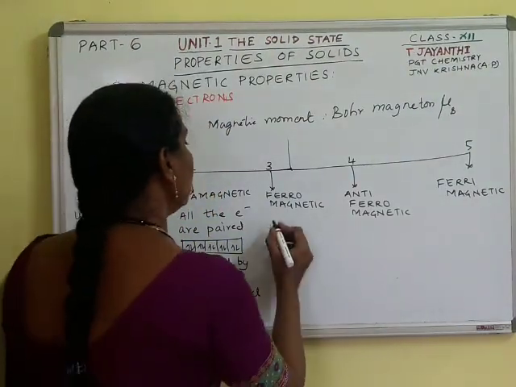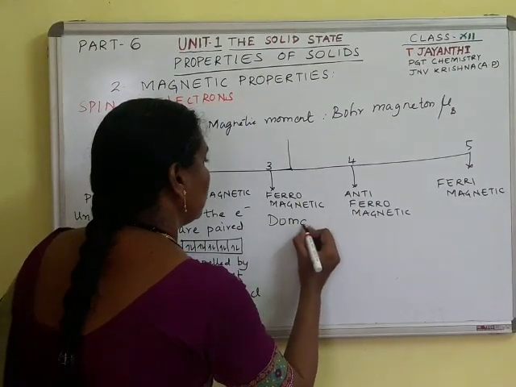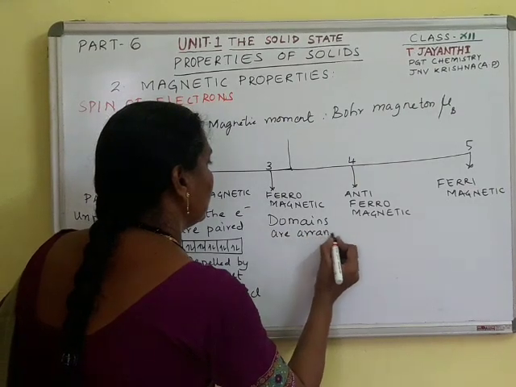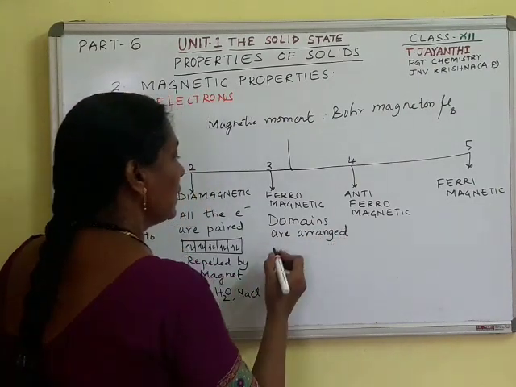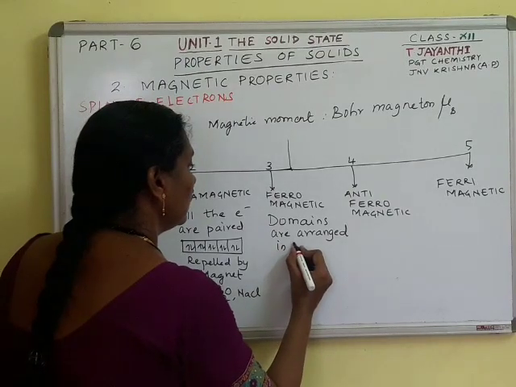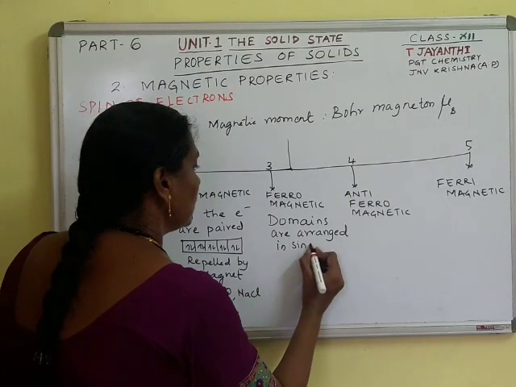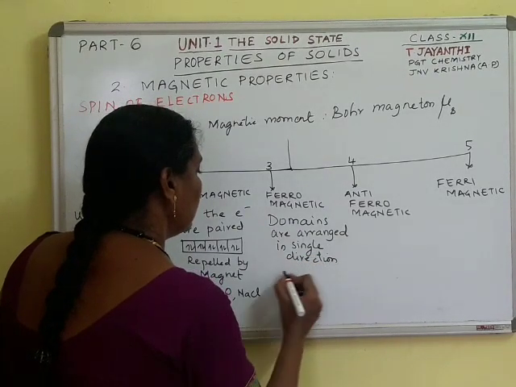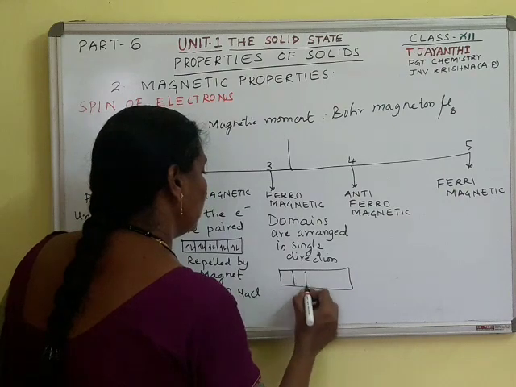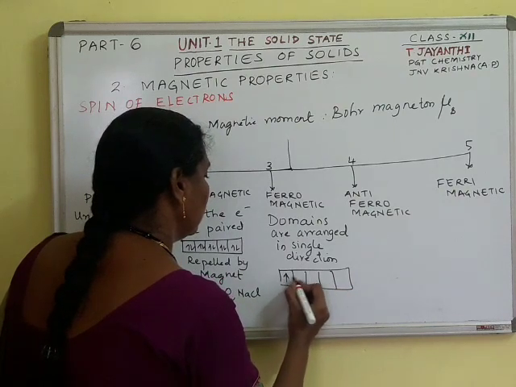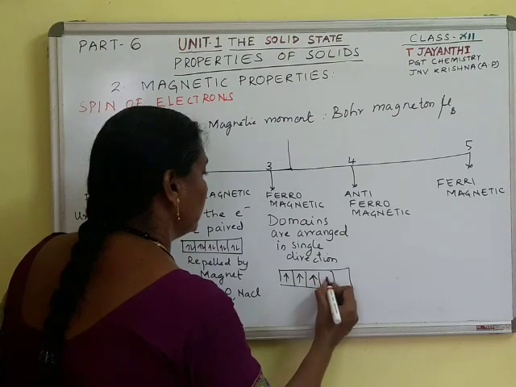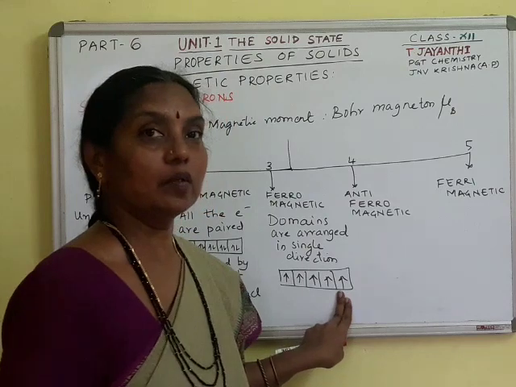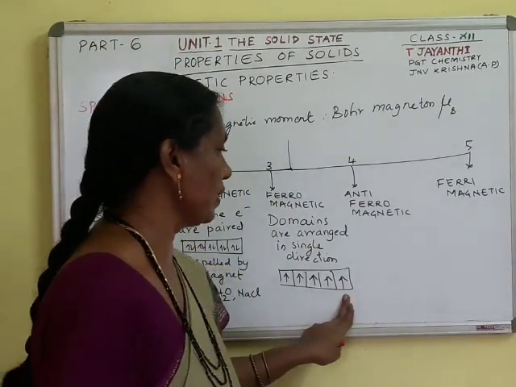The domains are arranged in a single direction, like all the arrow marks, if you see here, they are pointing towards one direction only.